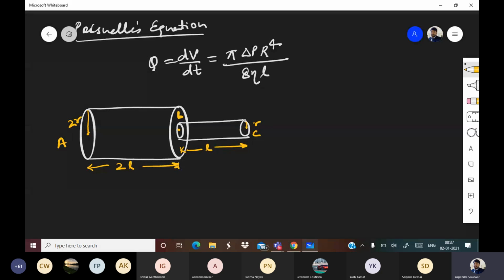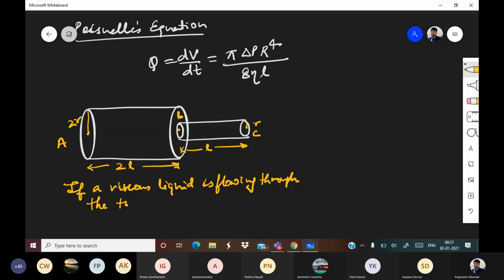Okay. So if a viscous liquid is flowing through the tube, basically it is a combination of tubes, but we can consider this whole thing as one tube.